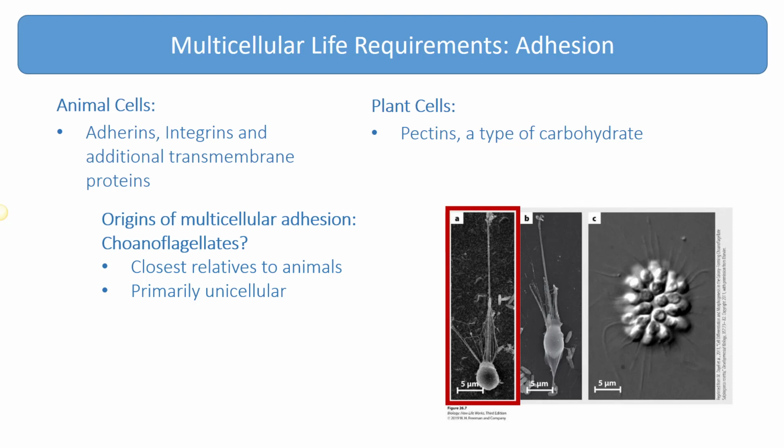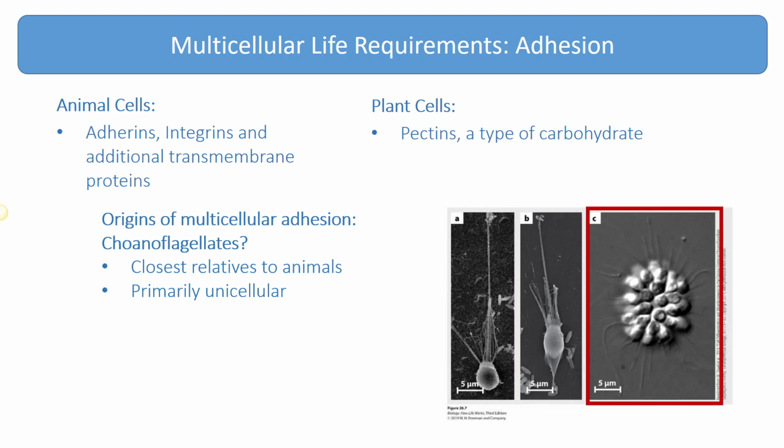The left-hand image in this figure shows the typical free-floating nature of these organisms. The central image shows an individual cell forming a stalk to adhere to a surface when the cell contacts it. In the right-hand image, we can see how multiple cells can form multicellular aggregations when contacting each other.